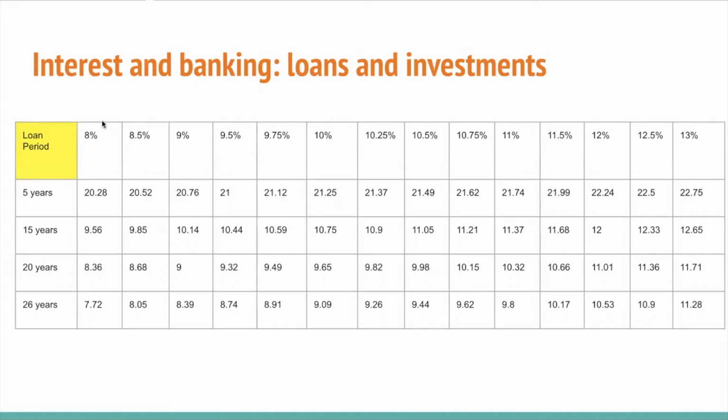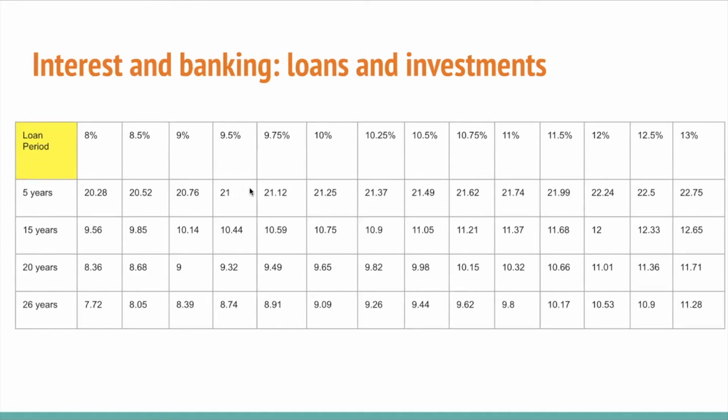For example, for every 1,000 Rand of the loan, if your interest rate is 8% and you're paying it over 5 years, you are going to pay 20 Rand 28 for every 1,000 Rand per month.